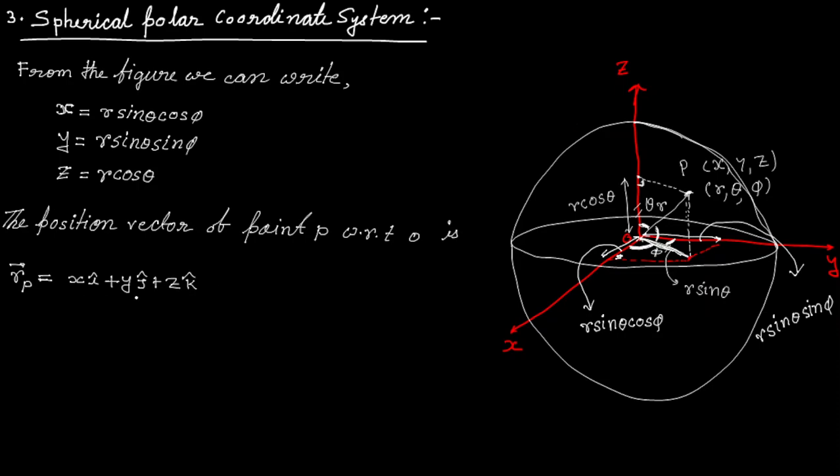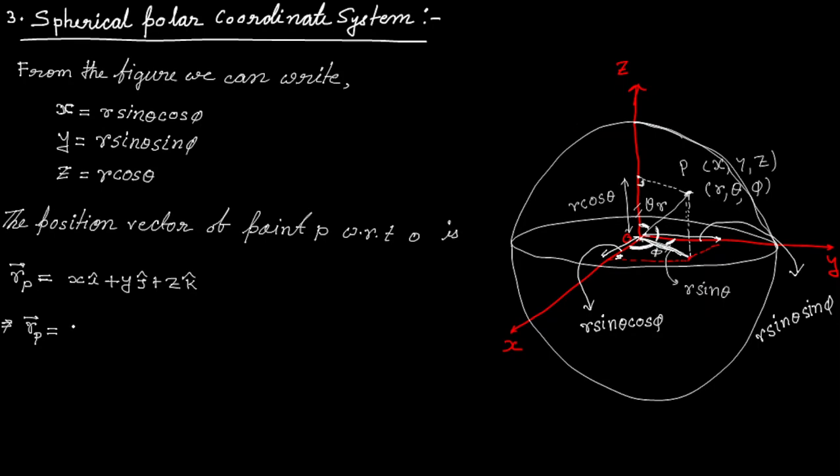How we can write this, we have already discussed in the last class. So once we know R_P in terms of x, y, z, and also the values of x, y, z in terms of R, theta, phi, we can replace these values of x, y, z in terms of R, theta, phi. Then we will get the position vector R_P in terms of R, theta, phi. So let me write that. R_P, the position vector of P in terms of R, theta, phi.